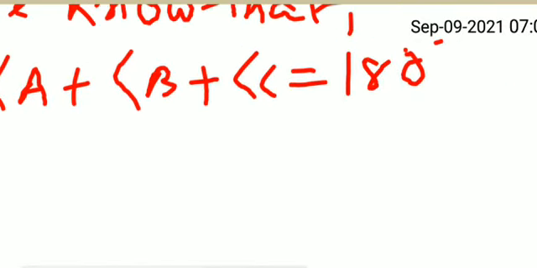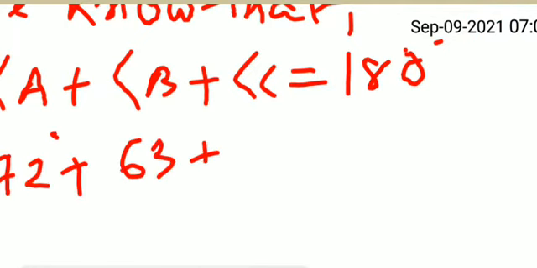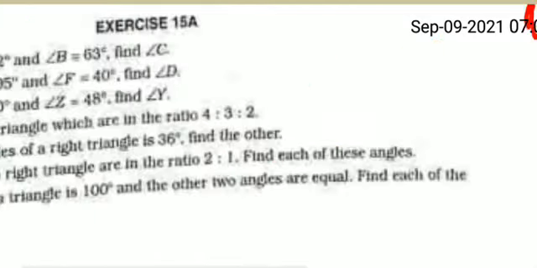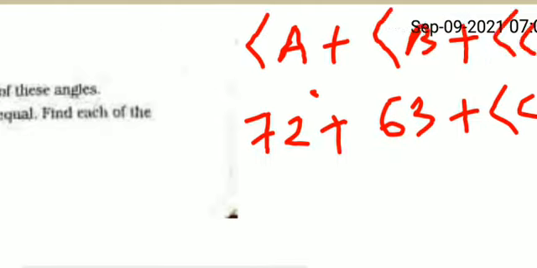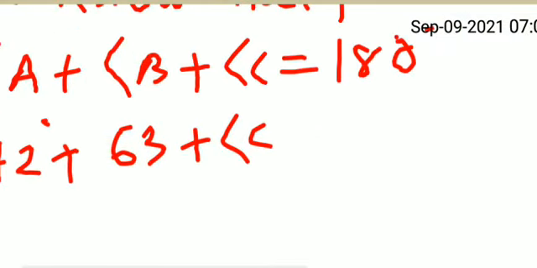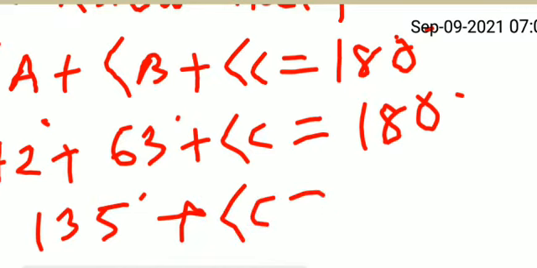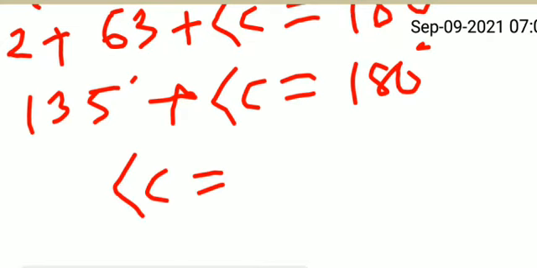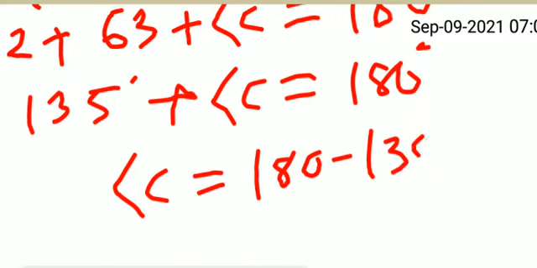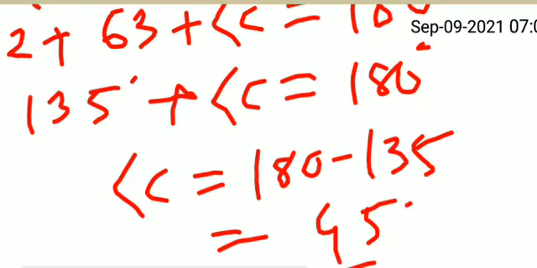So put the values: 72 plus 63 plus angle C equal to 180 degrees. 72 plus 63 means 135 degrees. So 135 degrees plus angle C equal to 180 degrees. So the value of angle C will be 180 minus 135, that means angle C is 45 degrees.